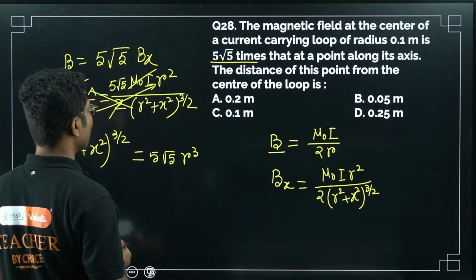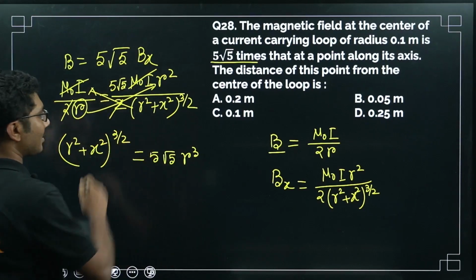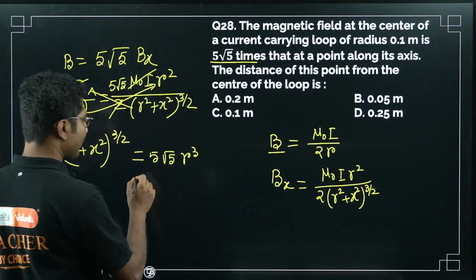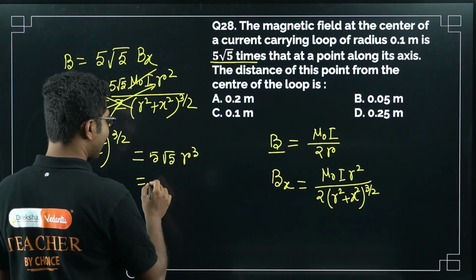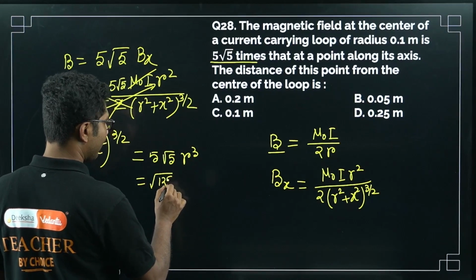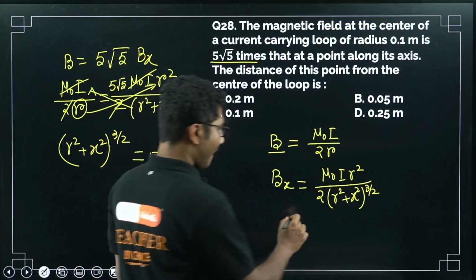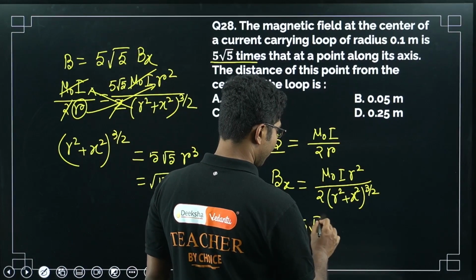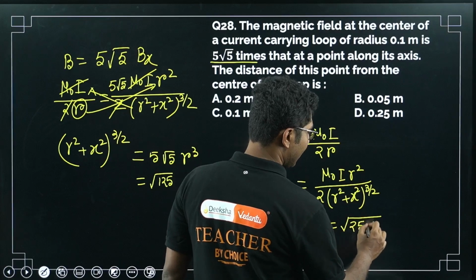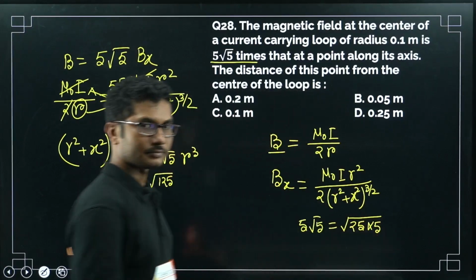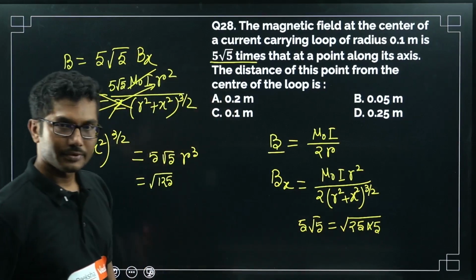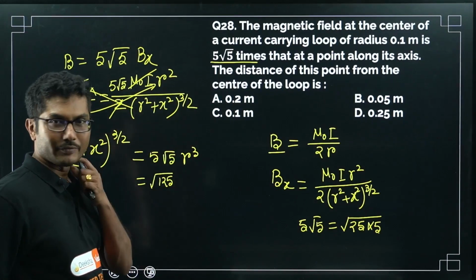Now we have to eliminate this 3 by 2 from both sides so that I can solve it. To solve that, 5 root 5 I can write as the square root of 125. How? 5 root 5 is the square root of 25 times 5, and 25 times 5 is 125, right? That's why I have written 125.